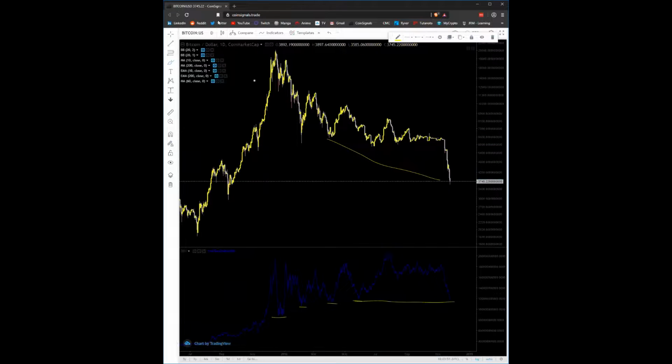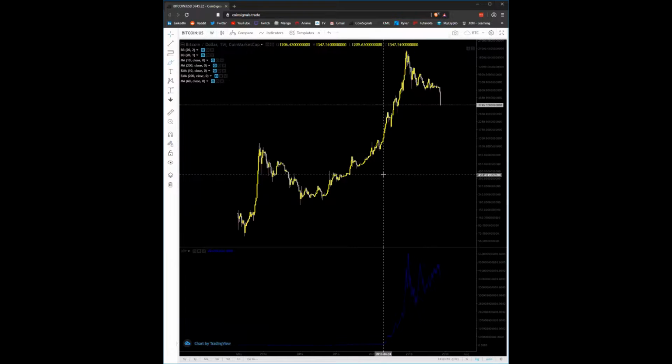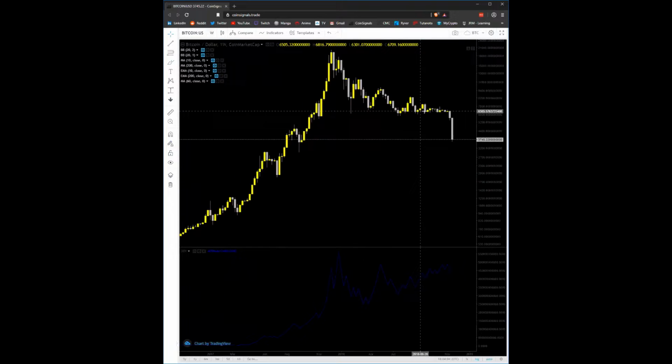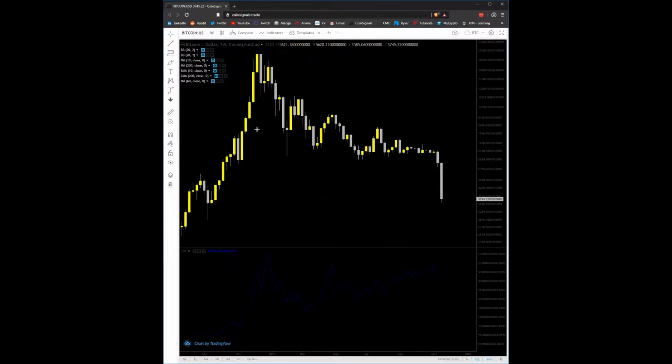Let's check out what we can see about the OBV on the weekly now. We can see a lot of things actually. So previously, with each higher low, we were getting an increase in volume. And we can see here, positive volume that is, until now when it broke down with price.